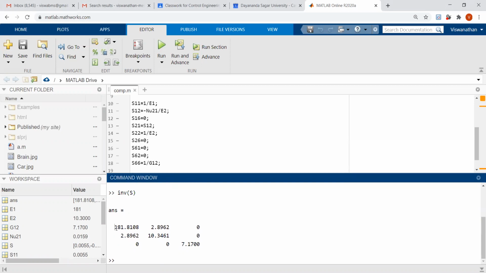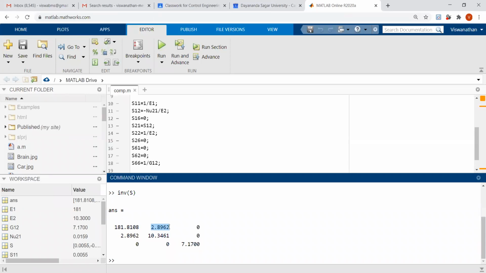So inverse of S will give you, what is this one? Elastic modulus of 1 something? No, it's not E1. It is Q11.